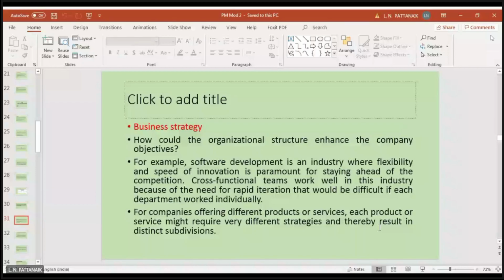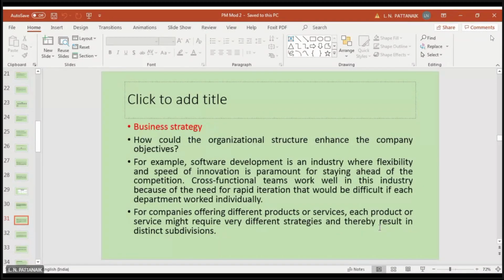According to their goal, suppose some company has made a goal that we want to become the market leader within 5 years, or we want to diversify into these areas, or we want to have a presence in various states or countries. So maybe some objective is there.